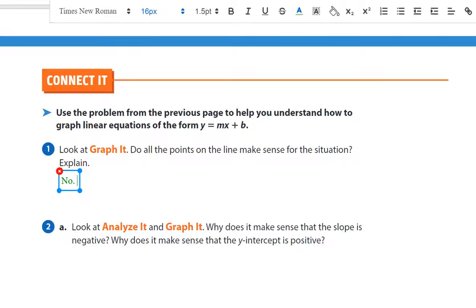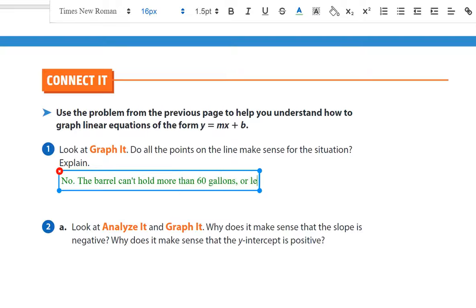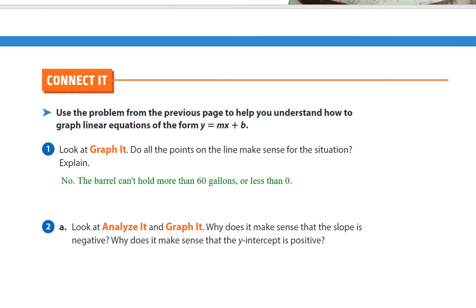No. The barrel. Is that how you spell barrel? Yes, it is. Good for me. The barrel can't hold more than 60 gallons, or less than 0. You can't have negative gallons in the barrel. That doesn't make sense. So really only the points in that range would make sense.